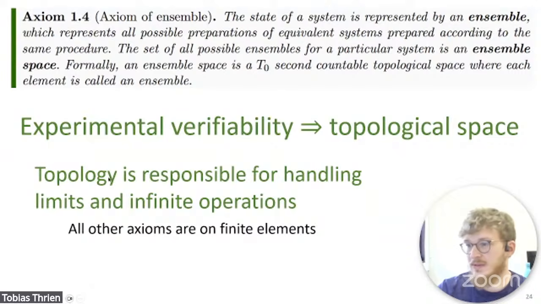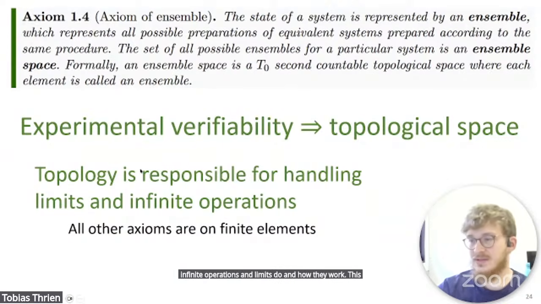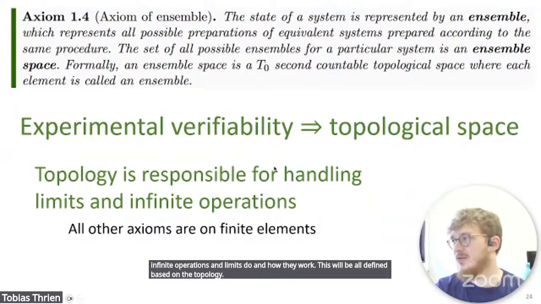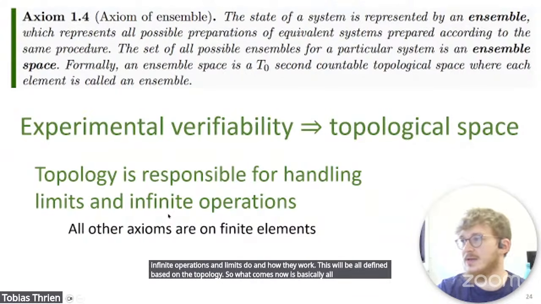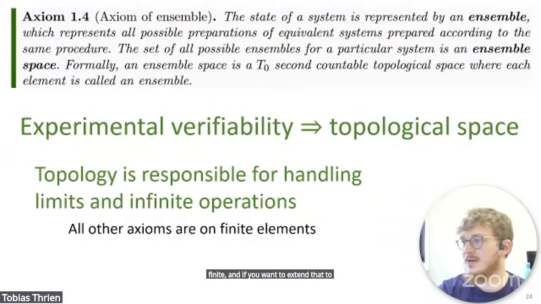Then we already know what infinite operations and limits do and how they work. This will all be defined based on the topology. What comes now are finite operations, and if you want to extend that to infinite operations, then the topology already defines what limits exist and what don't.